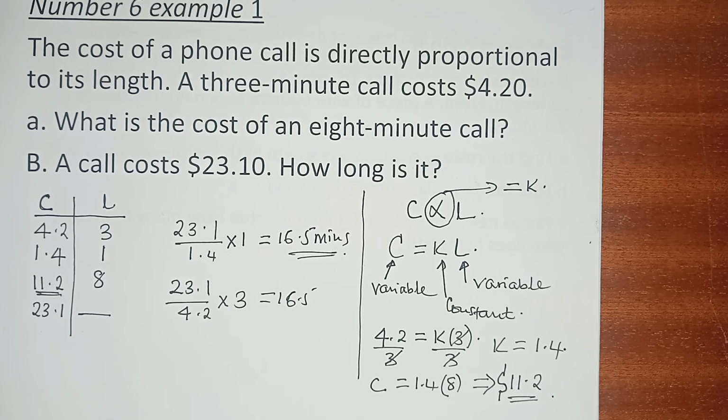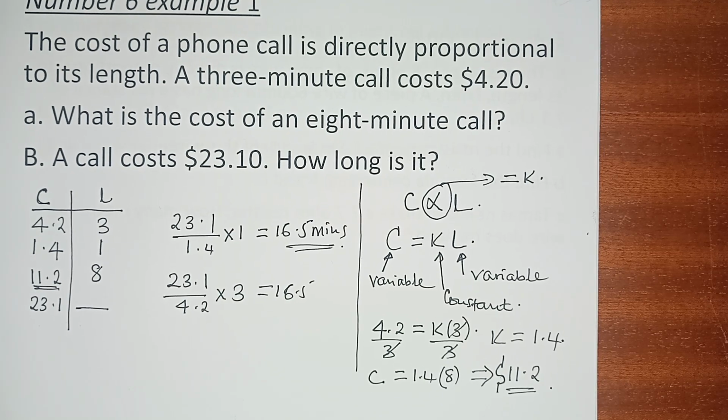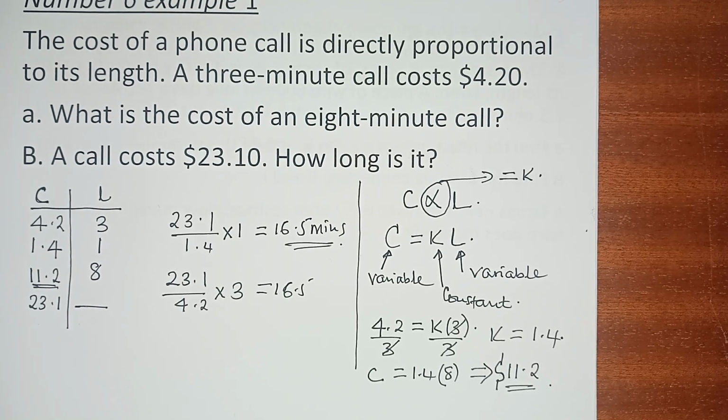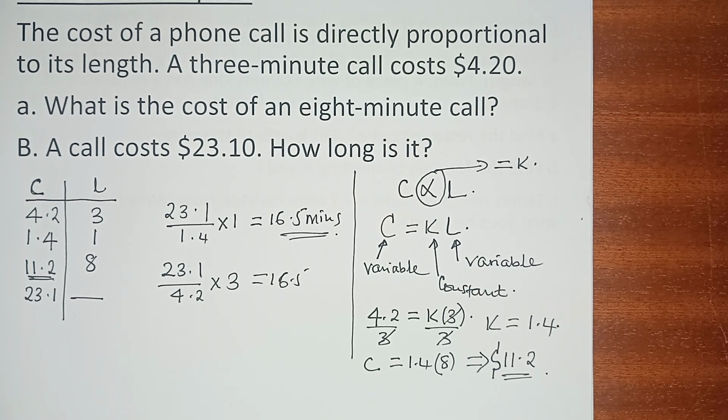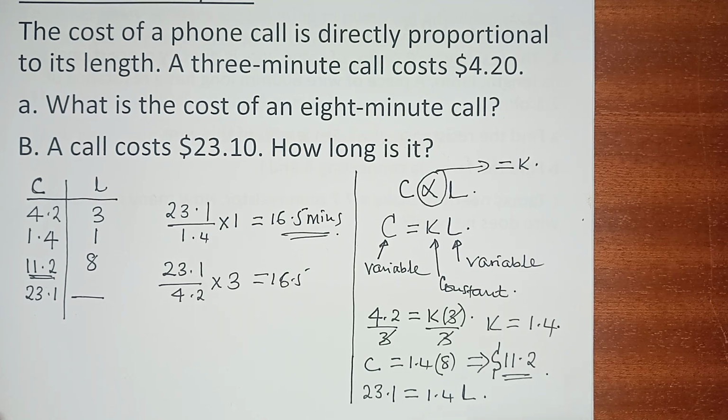That is true. Part B of the question is asking us, a call costs 23.1. How long is it? Now you see, we have the cost as $23.1 equals 1.4 times L. We don't know L. We are being asked to find L. How long is that call?